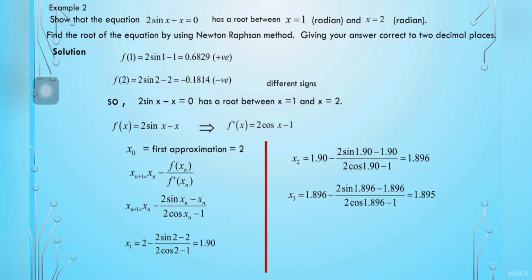And for the x4, you don't have to write this down anymore because we have done 3 times already, and then just get the answer from your calculator. So 1.895. Then we can compare with the before value and we can conclude the answer. So the required solution is 1.90, correct to 2 decimal places.